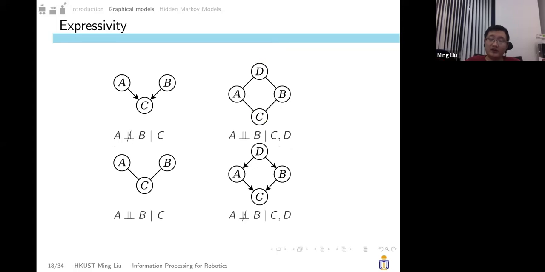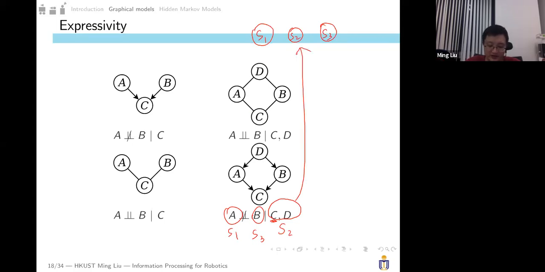For this case, given C and D, because you have C here, if you know about C, then A and B are not independent, right? So if this is S2, this is S1, this is S3, you want to look at the relation between S1 and S3 given S2.